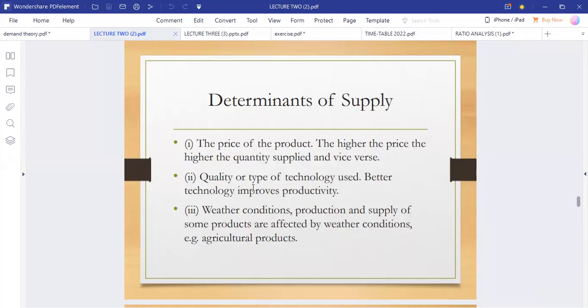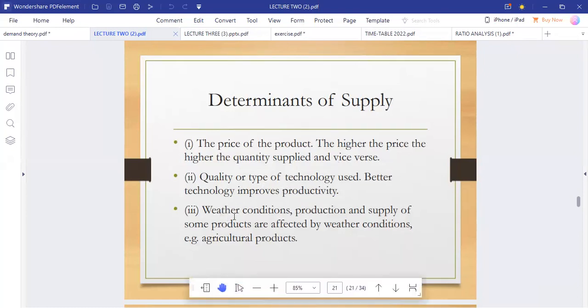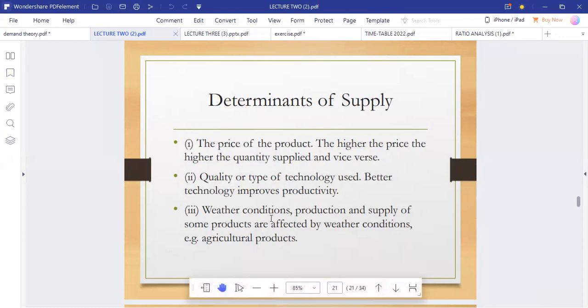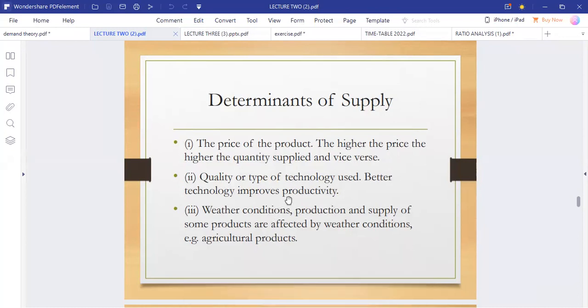The other factor is the quality or type of technology. If there's good technology, productivity will be high. The other factor is the weather conditions. If the weather conditions are rainy and you're dealing with farming, you're going to produce more. But if you're dealing with mining, weather conditions will curtail your supply.